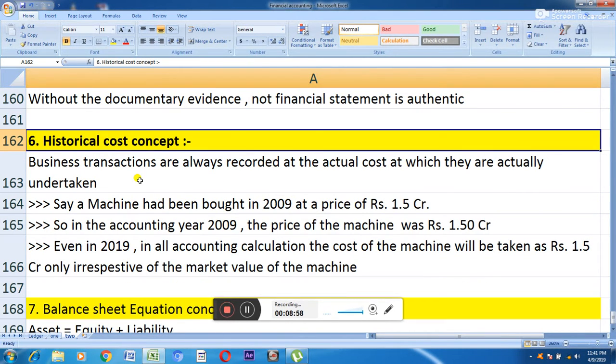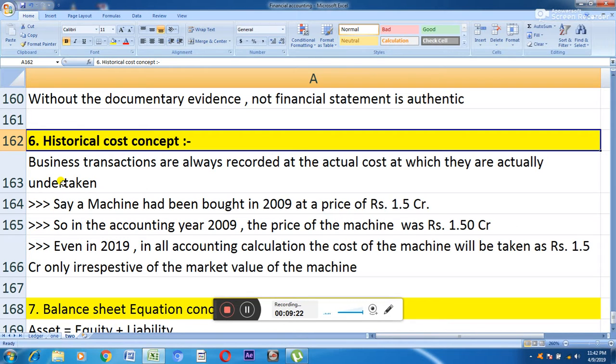Now historical cost concept. It is a good one. What it says? It says that business transactions are always recorded. I'm again repeating, business transactions are always recorded at actual cost at which they are actually undertaken.